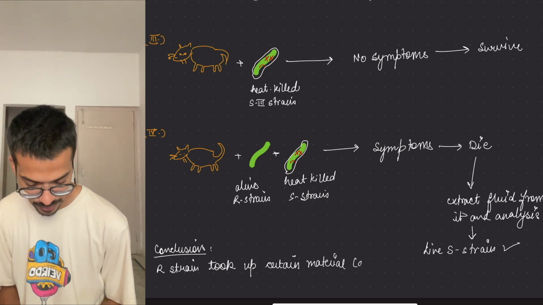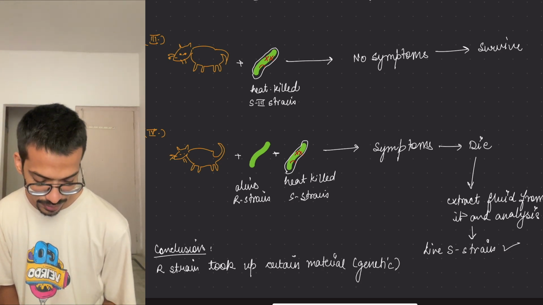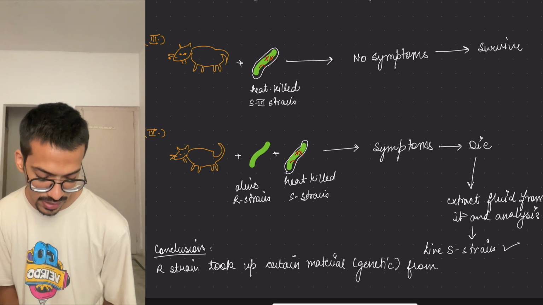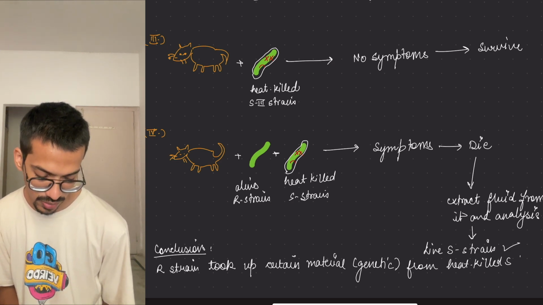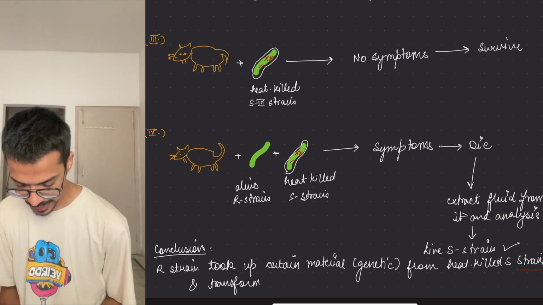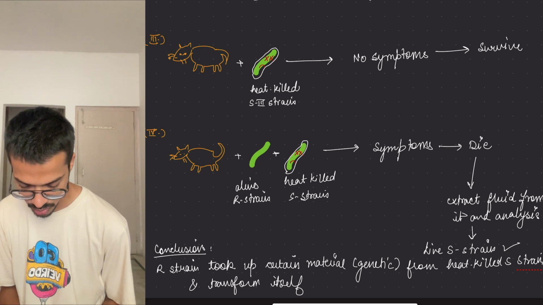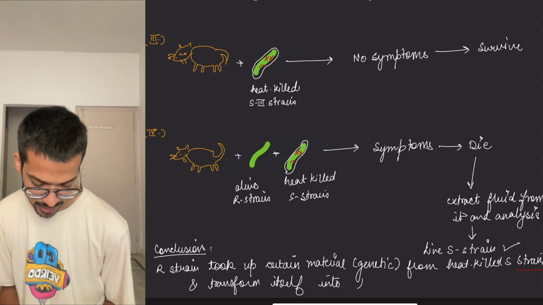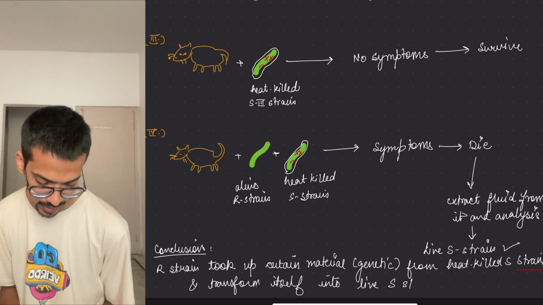Genetic material, from heat-killed S strain, and transformed itself into live S strain bacteria.